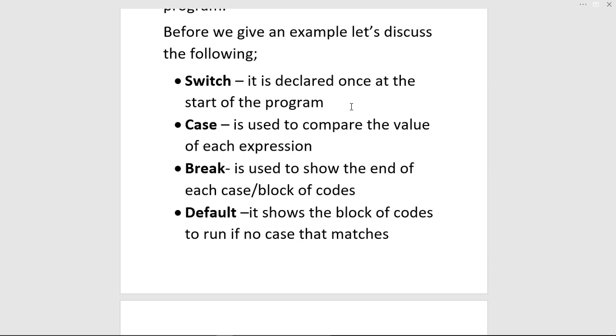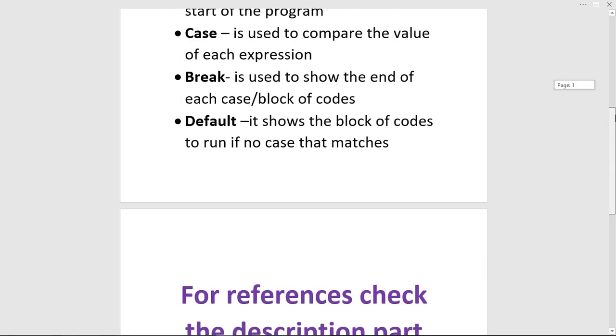Then we'll have break, which is used to show the end of each case or block of code. Then we'll also have default. Default is used to show the block of code to run if no case matches.